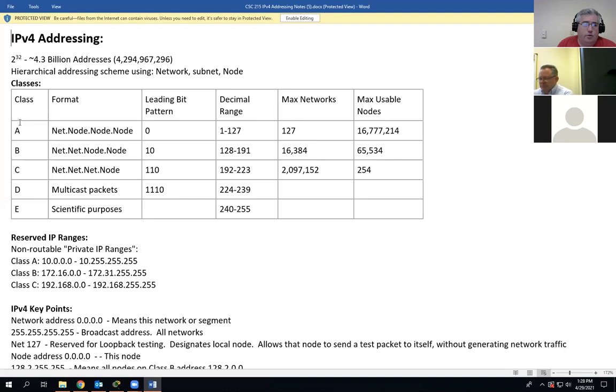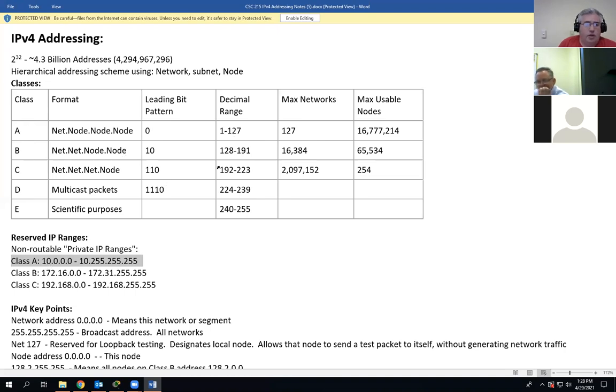So, anyway, Class A networks are going to be in the 1 through 127 decimal range. So it'd be 1 dot and then a whole 0.0.0 would be your address range. Here we go, Class A. So these are private ranges, by the way, but the normal Class A range is 1 through 127 for the first octet.